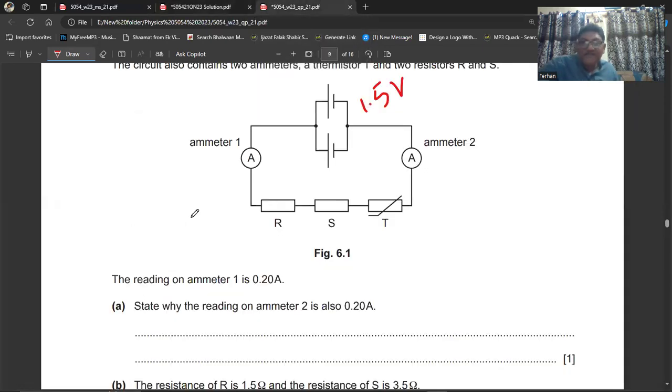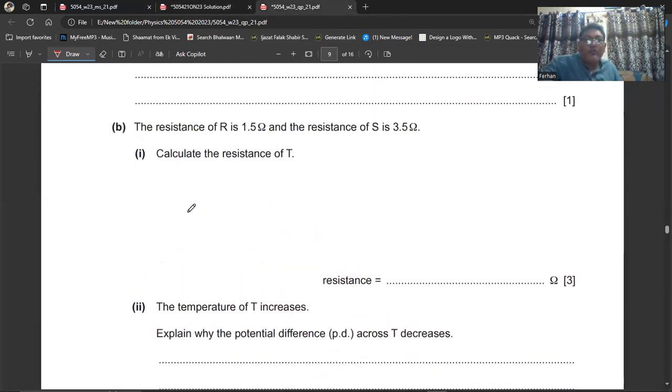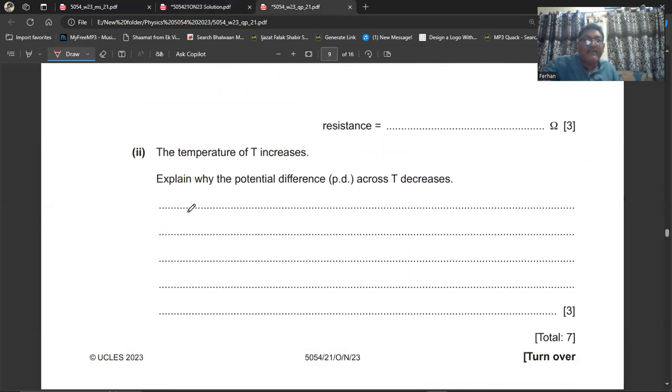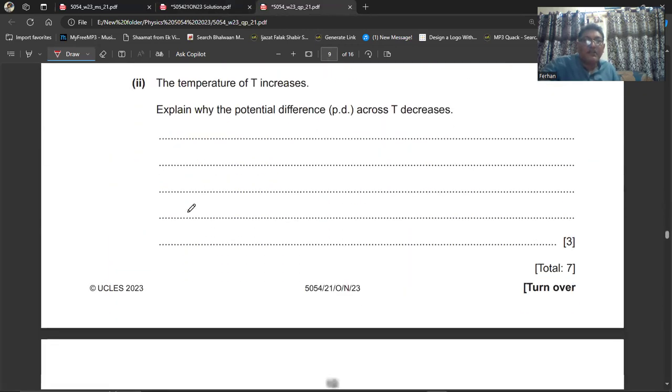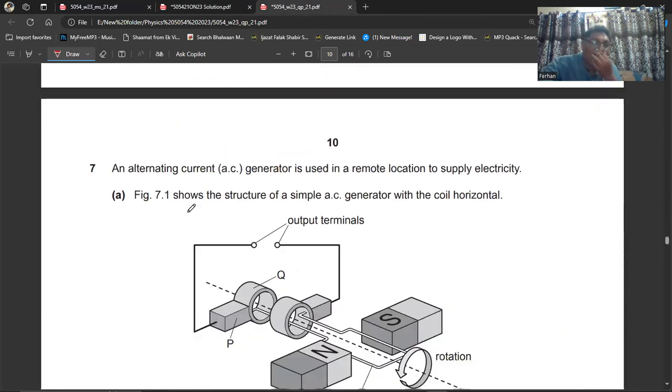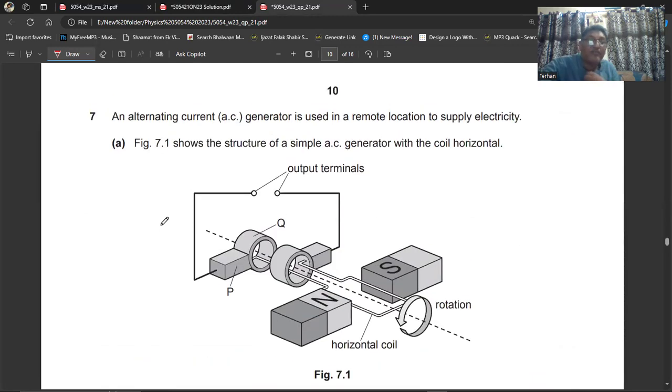This is my answer. So question number 6 is completed. Now we are going to the next question, question number 7. An alternating current AC generator is used in a remote location to supply electricity.